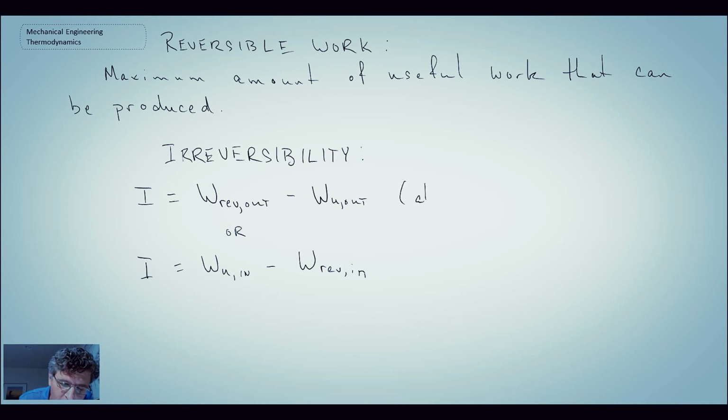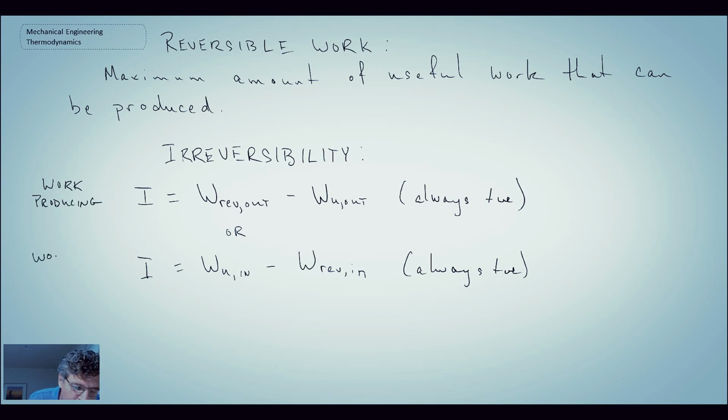So always positive and always positive. And this is work producing, and this is work in, or work input. So that would be something like a pump or a compressor, and work producing would be a turbine.